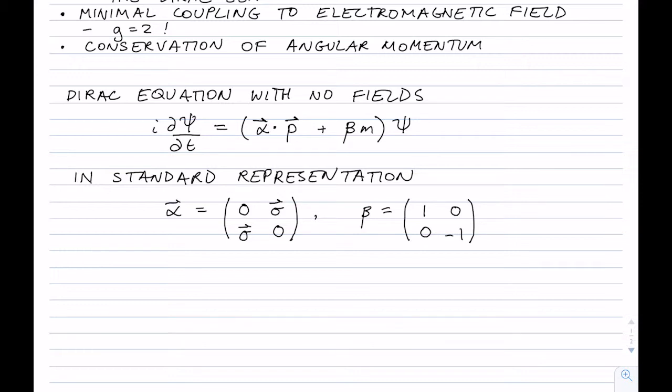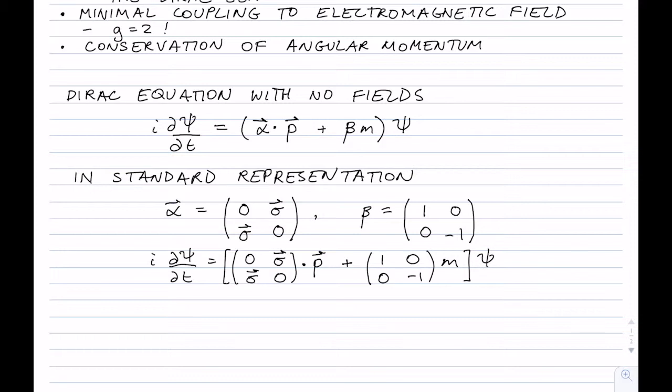So in that representation, I would write i d psi by dt is equal to alpha dot p, where each one of these alpha i's is going to come with sigma i. So I can write this as the matrix with 0, sigma, sigma, 0, dot p, plus the matrix 1, 0, 0, minus 1, times m, times psi.